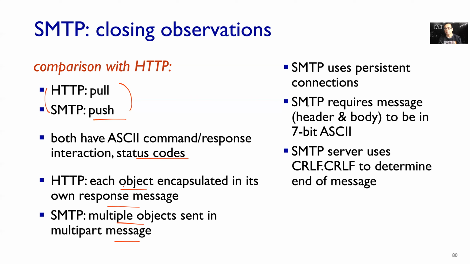I already mentioned SMTP uses persistent connection. So if there's multiple emails to be delivered between two servers, it will all get delivered over a single connection. Everything needs to be 7-bit ASCII. Which means if you're sending non-ASCII stuff in an email, all of that needs to be encoded.